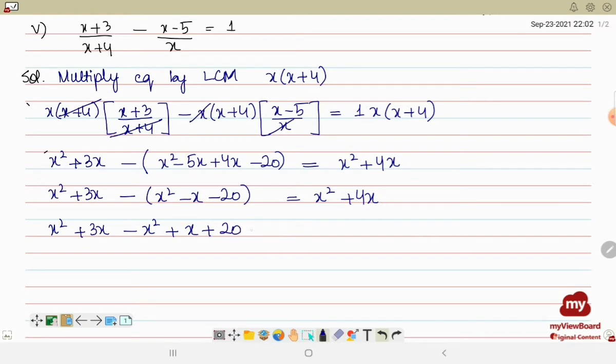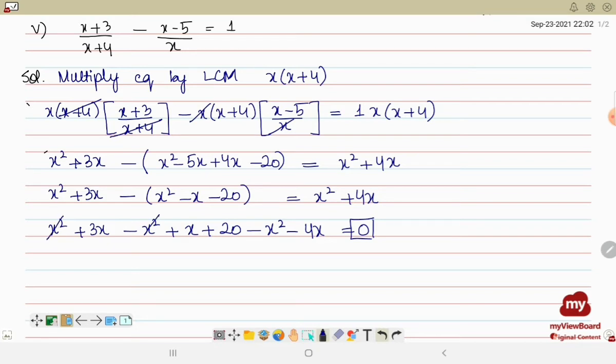Let's move all these terms to the left hand side, to become minus x square minus 4x equals 0, because in the standard quadratic equation we are having 0 on the right hand side. So we'll take all the terms to the other side.